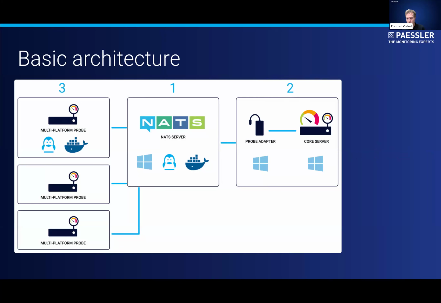And for communication between the PRTG core server side and the multi-platform probe, you will need to install a message broker for communication between the two components 2 and 3 here. So the NATS server is also provided as an installer for Windows, and we recommend to install it on the core server together with your PRTG installation.